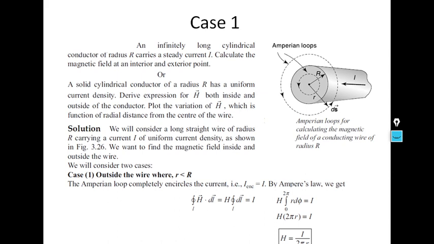If we increase the radius inside the conductor, then field strength will increase. But outside this conductor, if I take a far distance from the cylinder, then we get a smaller magnetic field strength. That means H will decrease. So this is the case 1 we have solved.